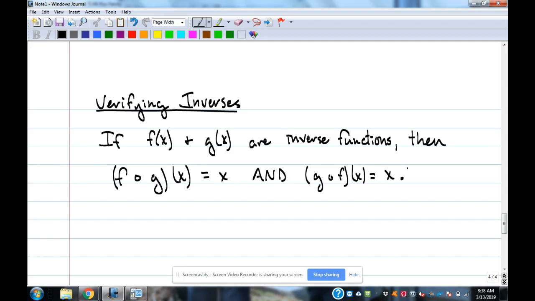Yes, ma'am. Well, probably, but on the ACT there was one of these. It was the only one on there. It was so weird. It was like f composed with g of x, and it had some other x's, and it didn't have any numbers, and I was so confused. I tried to remember it so I could come back and ask you about it. Oh, I remember that one. You're not legally allowed to disclose information. f of x equals x and g of x equals x. Yeah, I think it was just x.